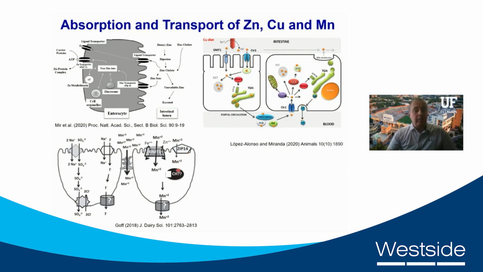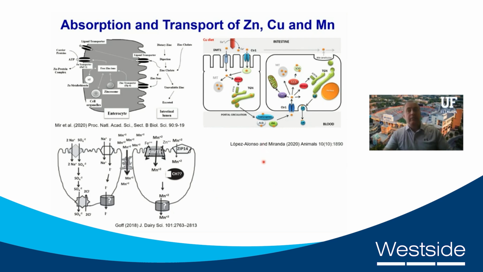Manganese now in the cytoplasm binds to a chaperone protein that has not been clearly identified, and then it gets extruded to the portal circulation by a basolateral membrane transporter that has not been characterized, at least to the best of my knowledge.